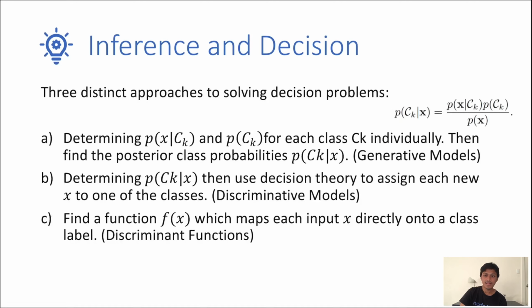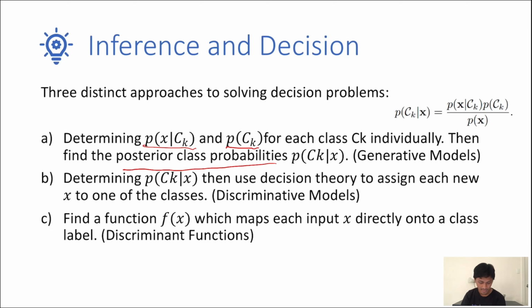So in inference and decision, there are three approaches. The first one is determining the class conditional densities p(x|Ck) for each class individually, and then also computing the prior probabilities of the classes, and then finding the posterior class probabilities, p(Ck|x).